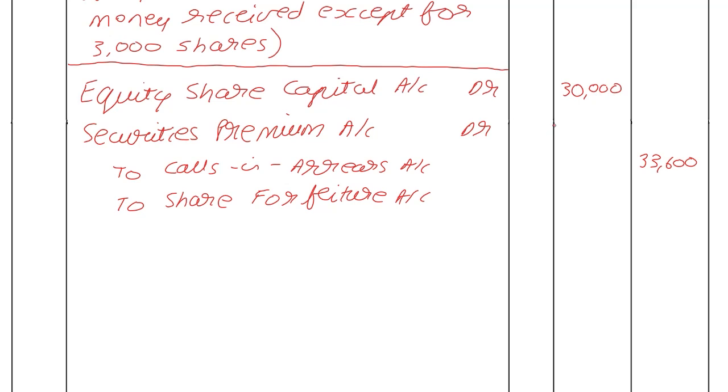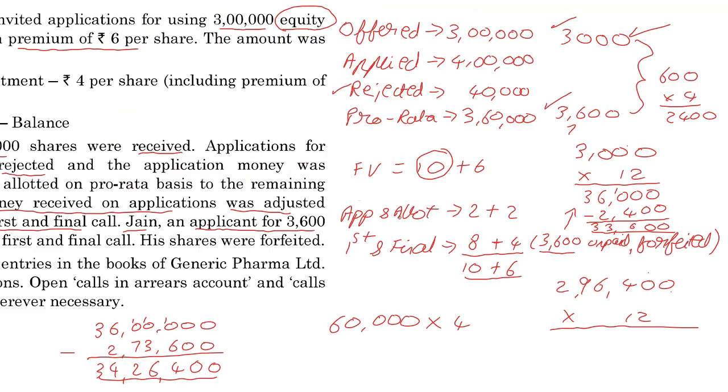Now I need to think a little bit as far as the securities premium is concerned. Because the person has paid how much? Okay, he has paid everything at the time of application and allotment. So this too is looked after.